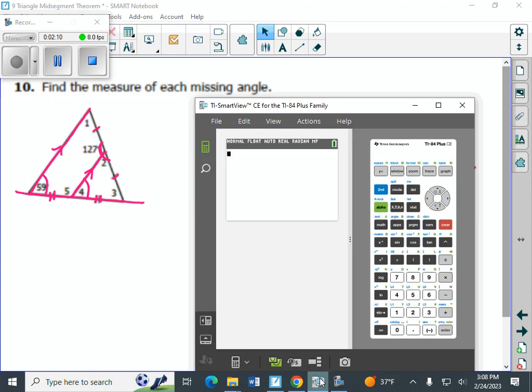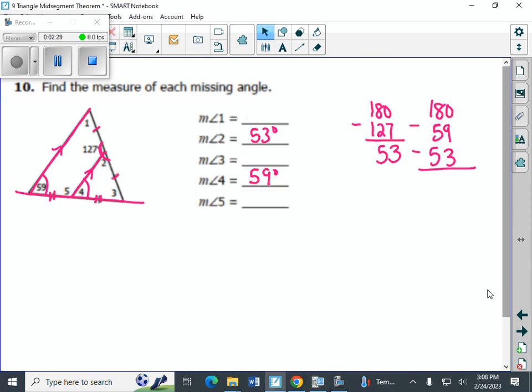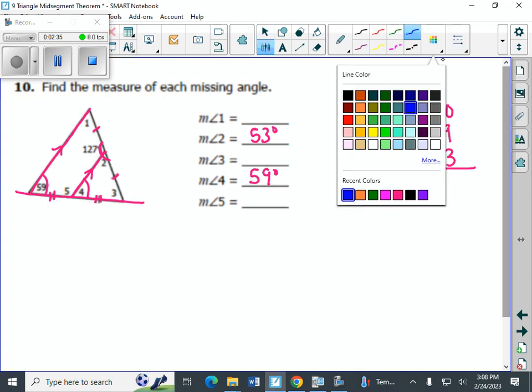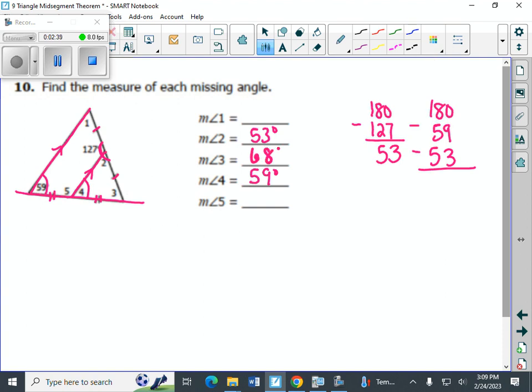I tried to make it so that we could still see the problem. 180 minus 59 minus 53 gives us 68. So the measure of angle 3 is 68 degrees.